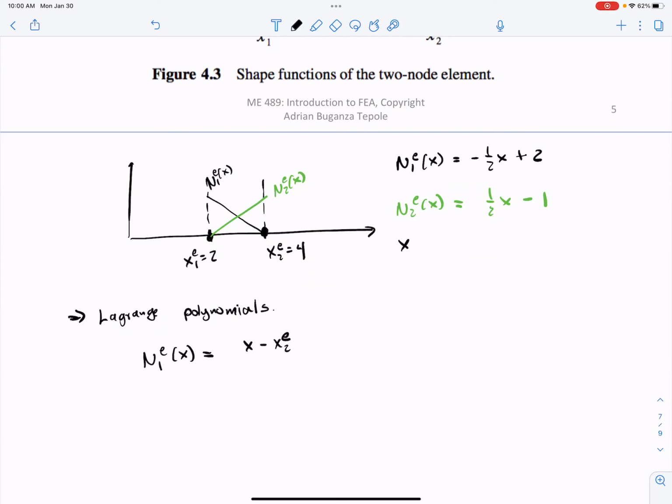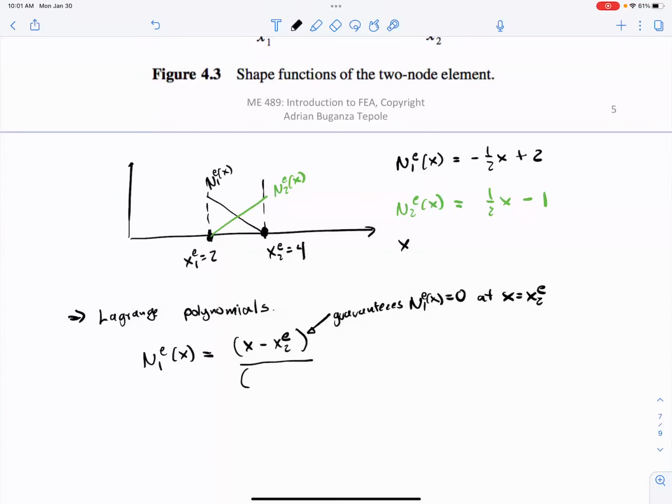That would guarantee that for sure, if X equals X2, the thing is 0. So this basically guarantees that N1 is 0 at X equals X2. But it doesn't guarantee the 1, right? How do I make sure that it is 1 at X1?